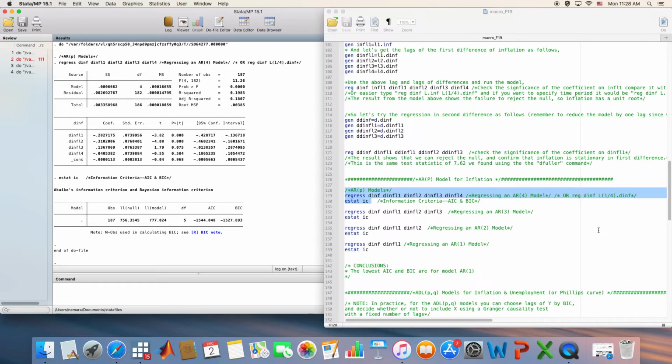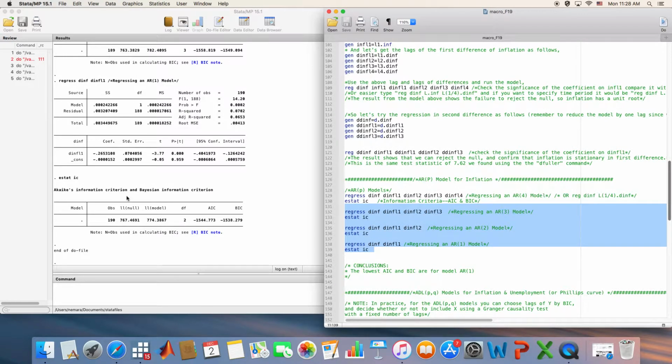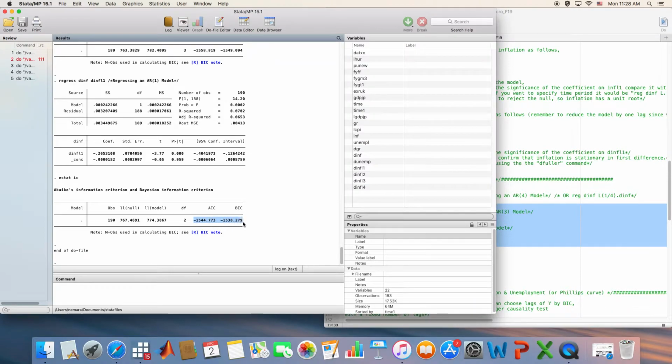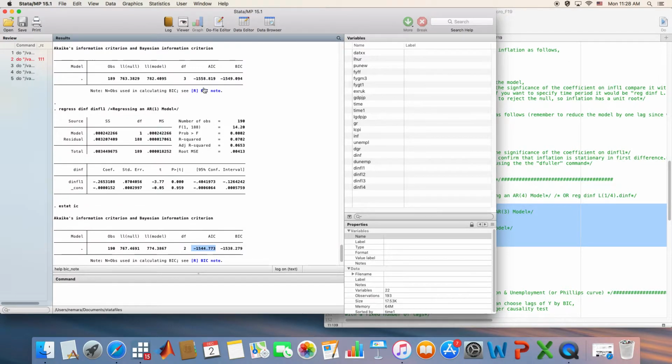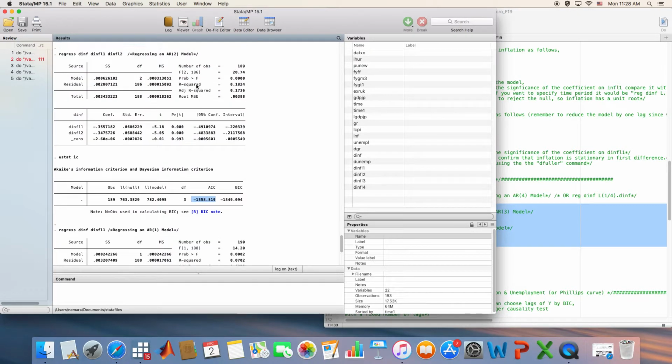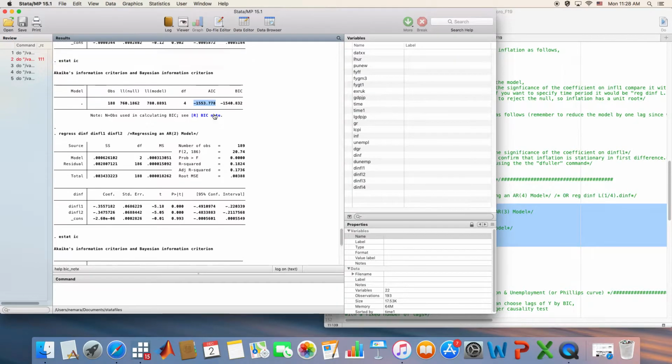Okay, so we have just run AR4. We would compare it with AR3, AR2, AR1, and each time we are reporting these two criteria. Let's go with AIC just to make it easier for now. I'm going to compare the AIC here, for an AR1 model, versus the AIC here. So this one is actually better. It's smaller. Keep going. This one is larger.